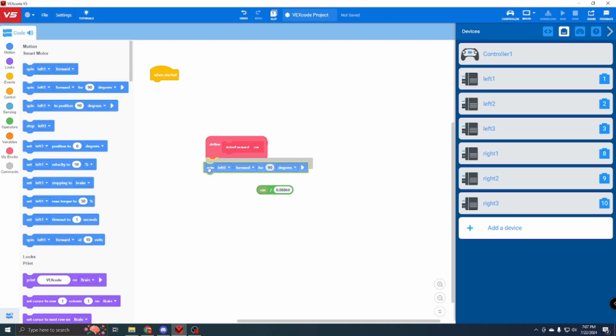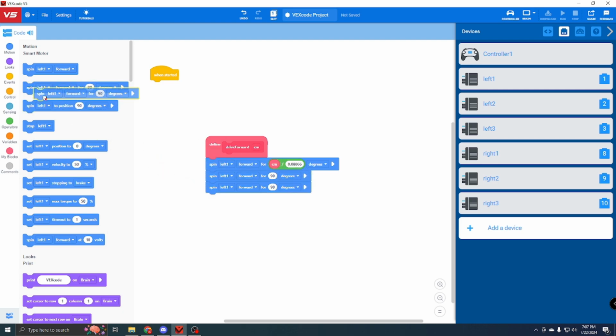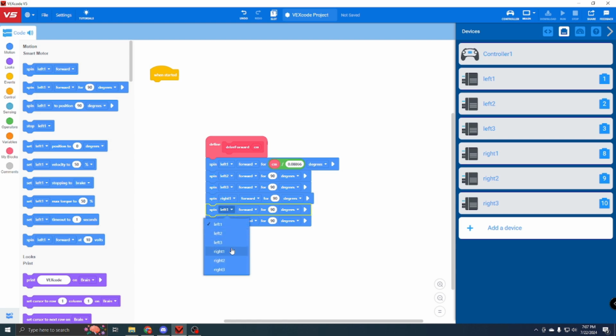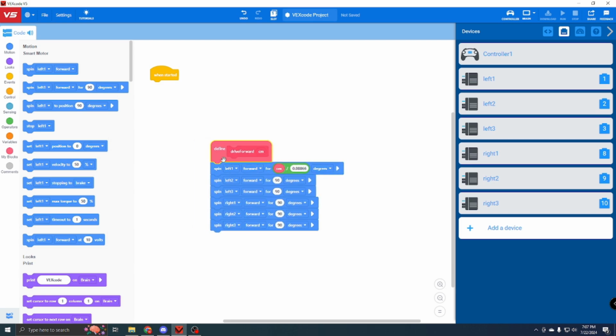We need to spin these motors forward for that number of degrees. And we have to do that for all 6 of our motors. So that's 6. So left 1, left 2, left 3, right 1, right 2, right 3. Okay, and that's all there is to it. So this is our function, drive forward a number of centimeters.